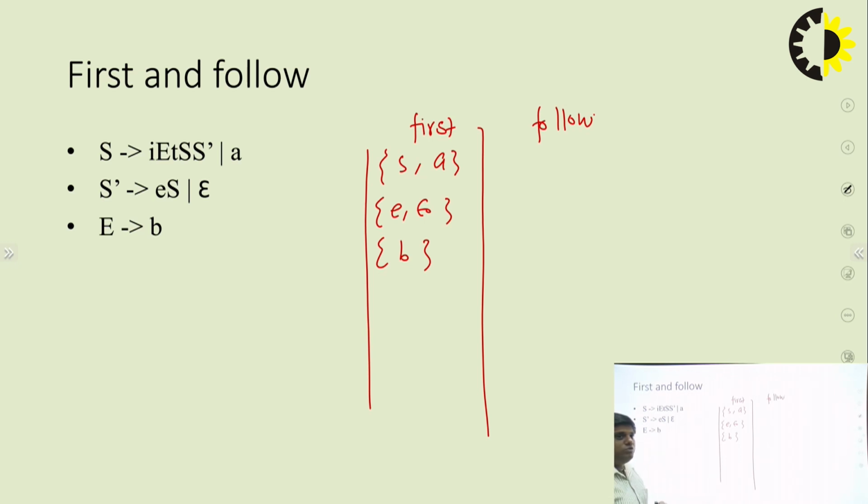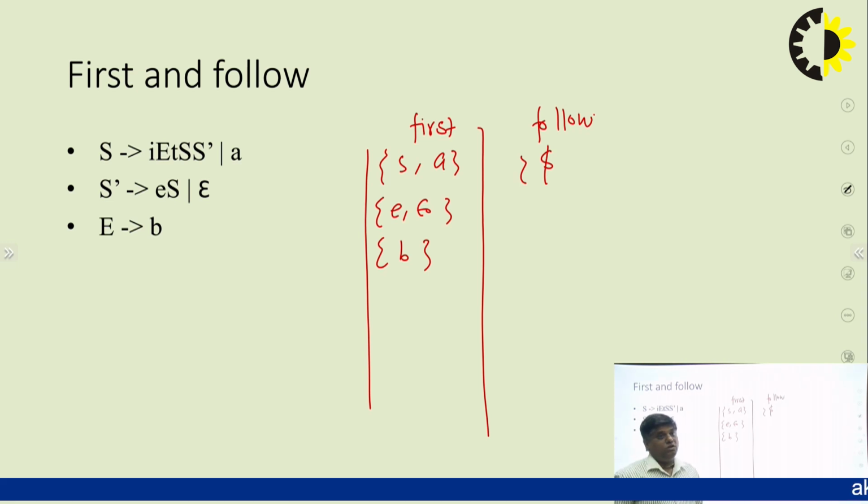Now we compute the follow. I have already explained that the follow of the start symbol is dollar. Now when we compute the follow of any production rule, what is the rule? That particular non-terminal we search on the right side in a given production. Now here is S, this is S dash and this is S. Now this is S1, and here is S2, and S follows S dash.